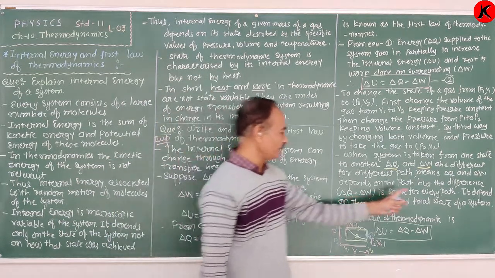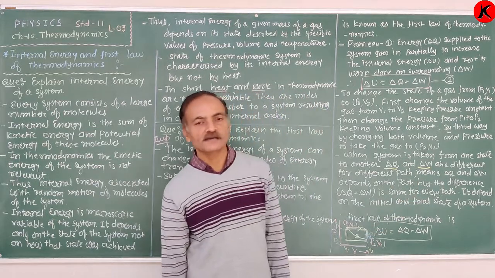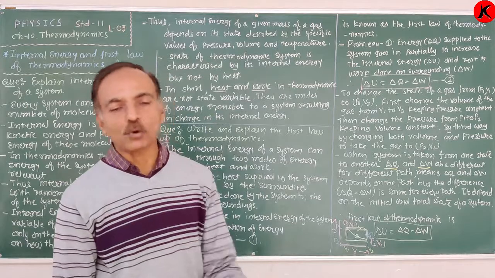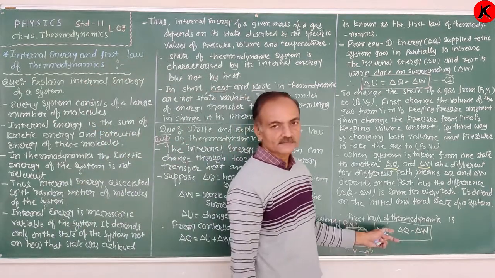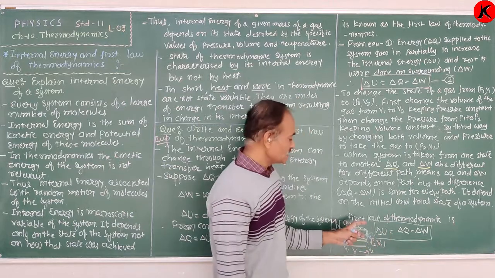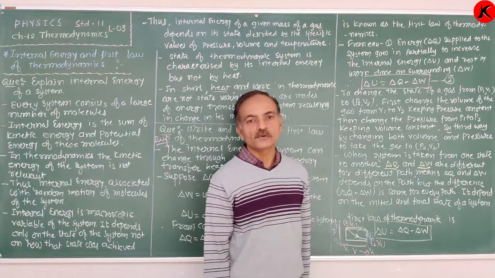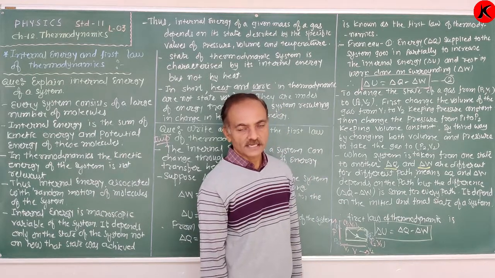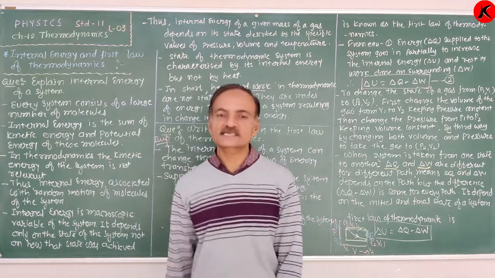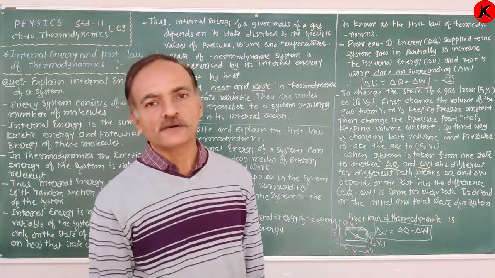This difference depends on the initial and final state of the system, which means it depends on the change in internal energy. Thus, the first law of thermodynamics is delta U equals delta Q minus delta W. Clear? So that is our discussion about internal energy and the first law of thermodynamics.